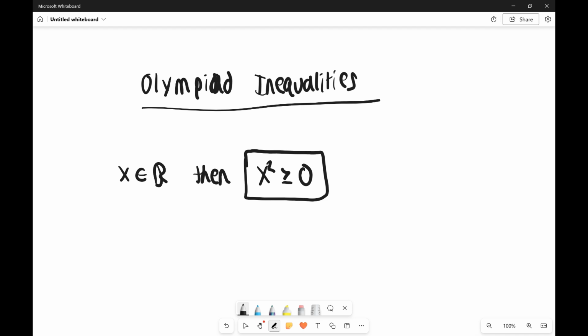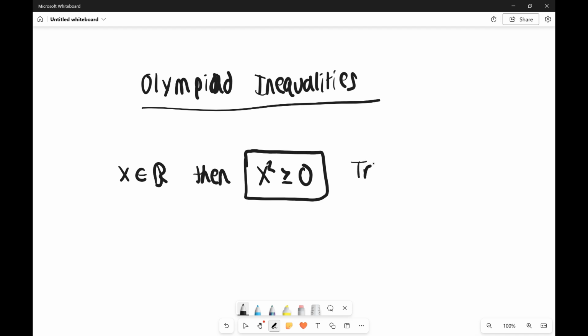And this is true because positive times positive is greater than or equal to 0, and negative times negative is also positive. And equality here holds when x is equal to 0, because that's the only number whose square is 0. And even though this is super obvious, this is so important that mathematicians even gave it its own name.